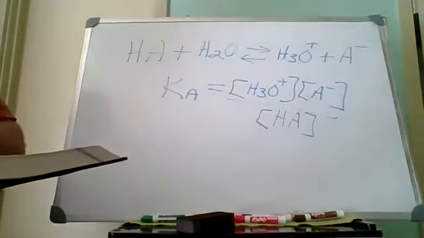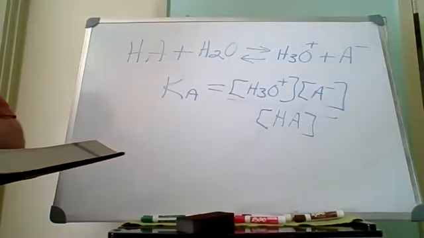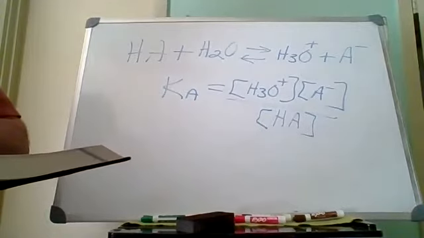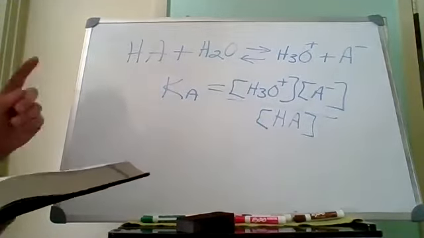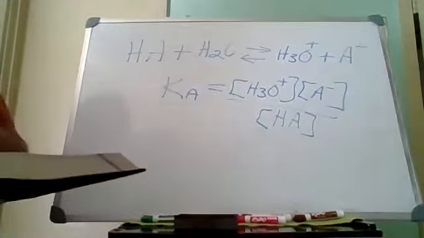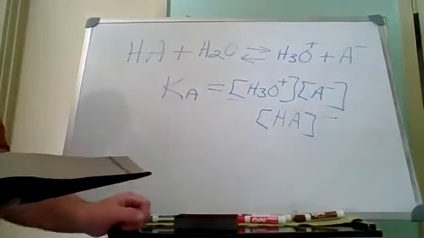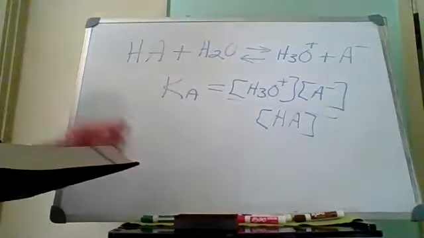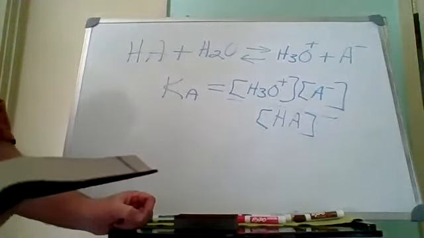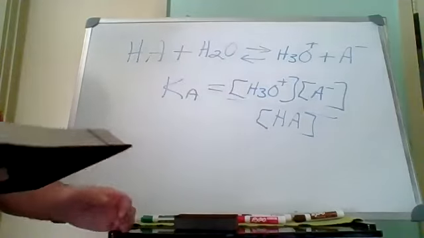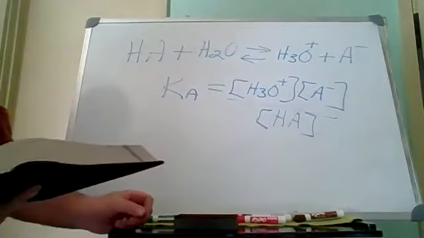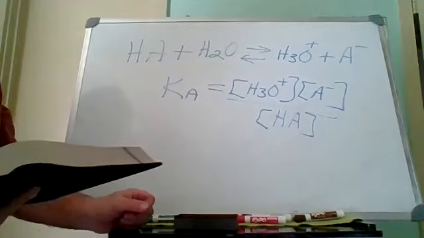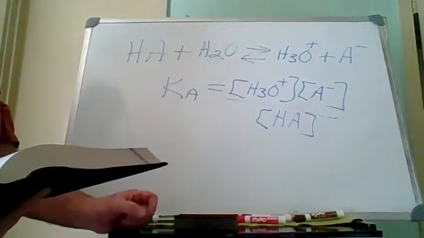Let's take a look at, just a bit of terminology here. On page 545, under this little section on experimental determination of Ka, I just want to talk about this term degree of ionization. The degree of ionization is the fraction of molecules that react with water to give ions.